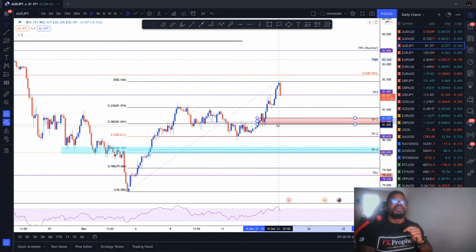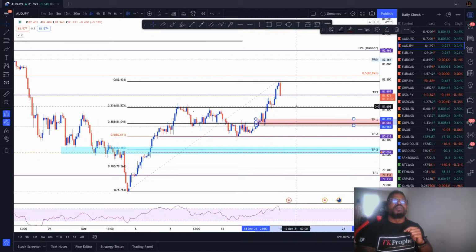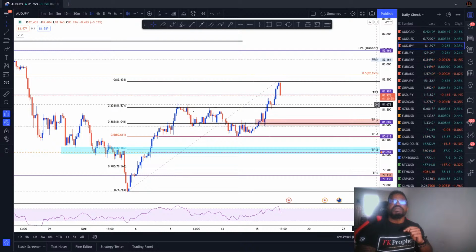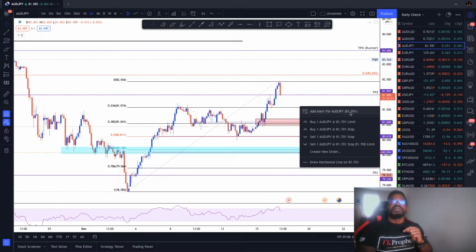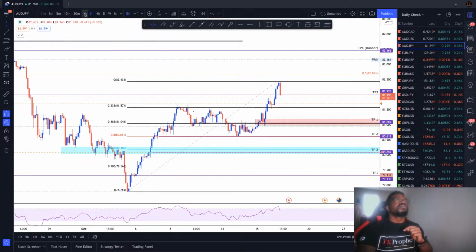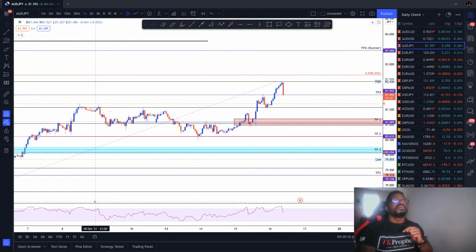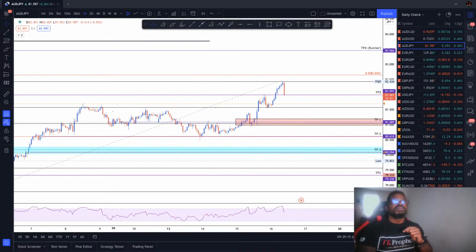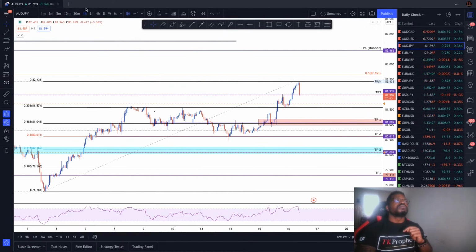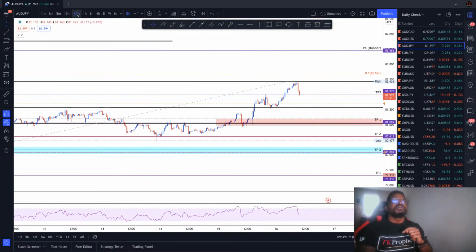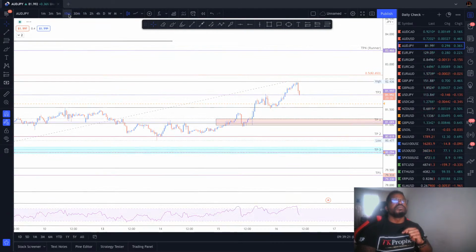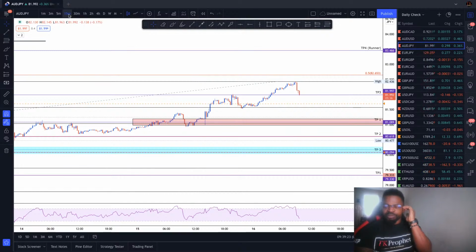Let's see how price reacts in this area. You got strong bearish momentum.